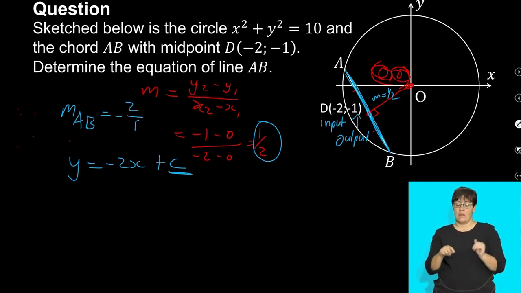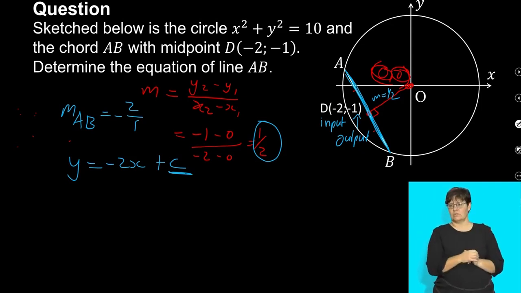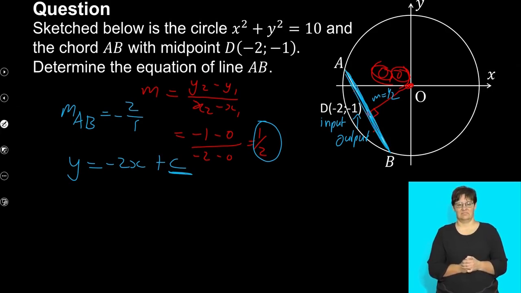So if minus 2 is the input, minus 1 is going to be the output. I'm going to put in minus 2 and get out minus 1. Let me do that in red. So y is minus 1, x is minus 2.